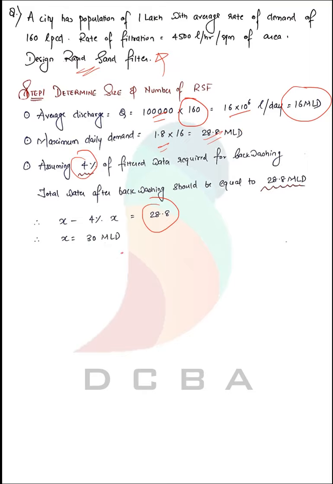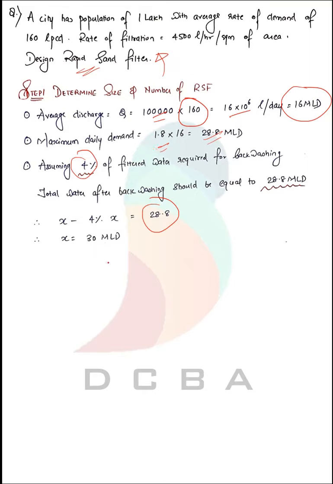Now this backwashing needs some time. In the entire day of 24 hours, backwashing needs some time, and during that time your filter is not in use, that is, your rapid sand filter is not producing any filtered water.